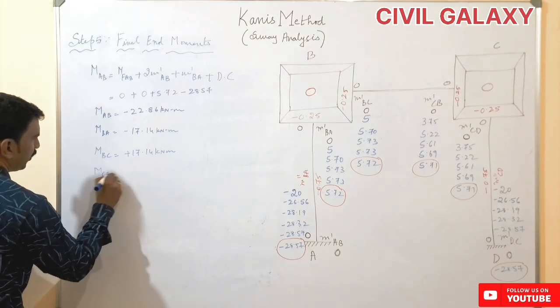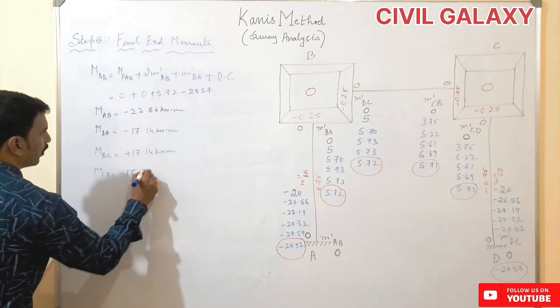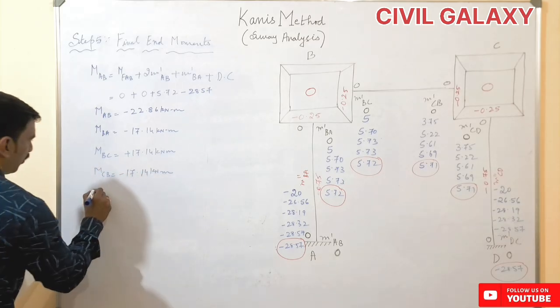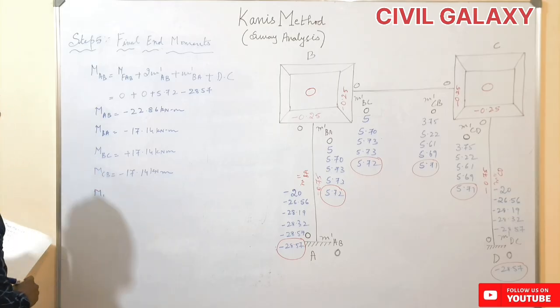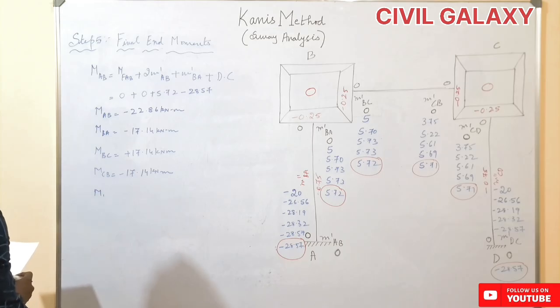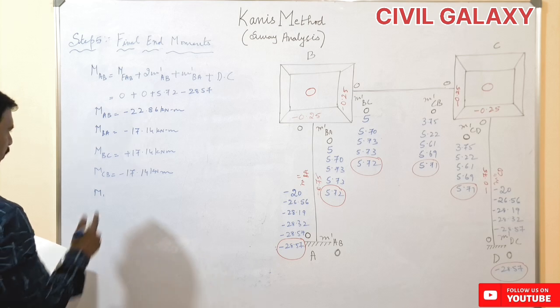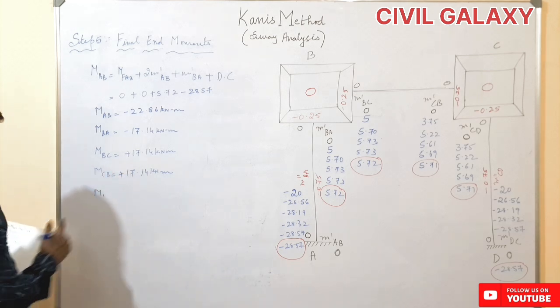and moment from C to B will be equal to minus 17.14 kilonewton meters, and the moment from B to C, also here is plus 17.14.